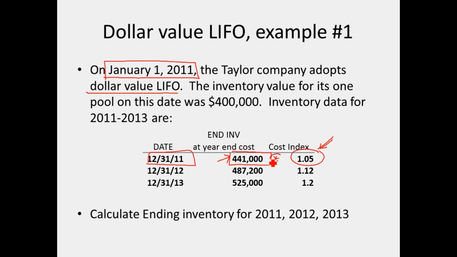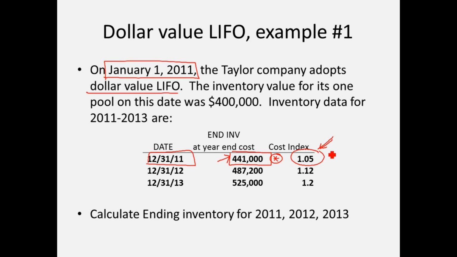I take this cost here, the value at the end of the year, and I roll it back to the base level. Now I always want to compare whatever year I'm in to the base level, okay? So that I keep data in base level prices, and then I just tack on the increases in cost, okay?